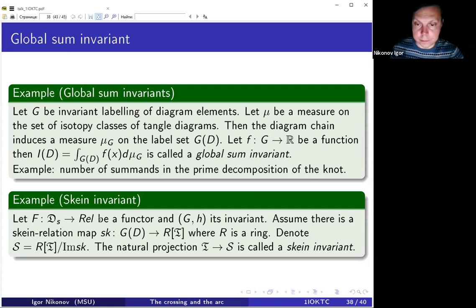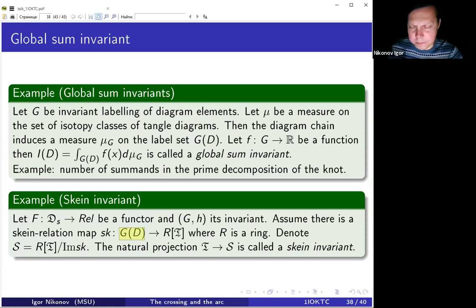Assume we have some invariant functor. For example, we take mid-crossings and some invariant of these mid-crossings, and assume we can assign to each such invariant some map to skein relations.